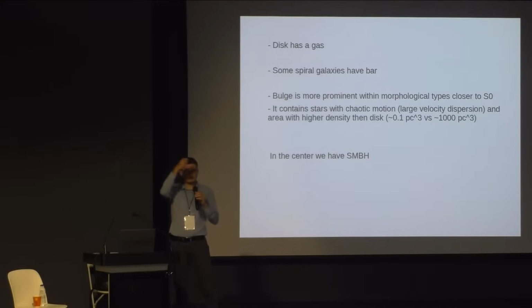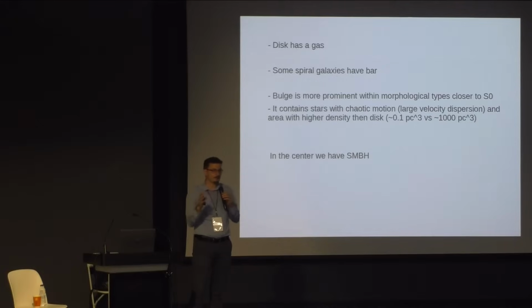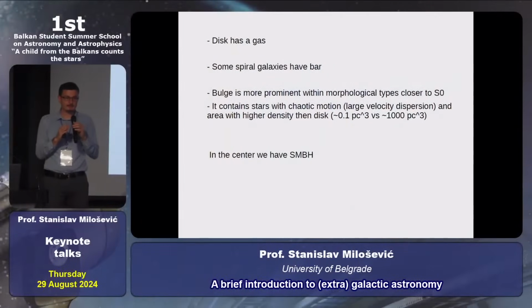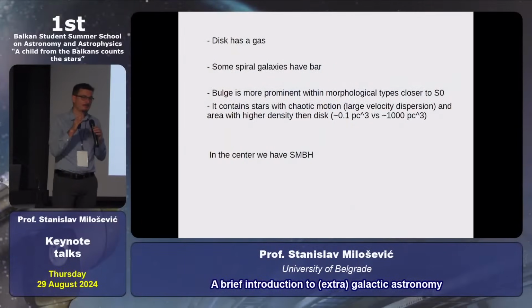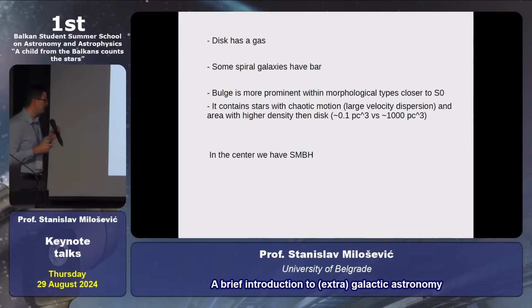When you draw a Gaussian, it will be very broad, so you will have a similar chance of picking up stars at any velocity. When you have a very narrow Gaussian, you will have a higher probability of picking objects that are moving with the mean velocity. You can imagine it like that.